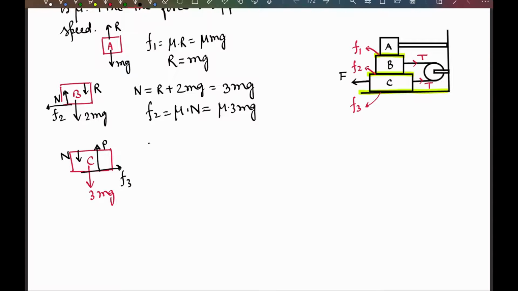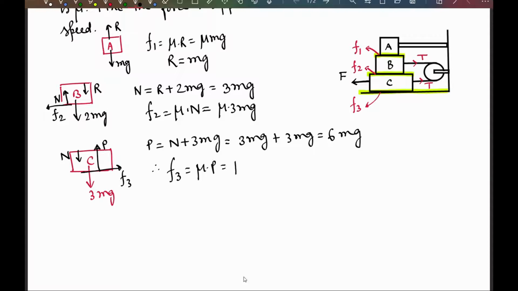Here P is equal to N plus 3 mg. The value of N is 3 mg, so 3 mg plus 3 mg, this is 6 mg. Therefore, the frictional force F3 is mu into P, this is mu into 6 mg.